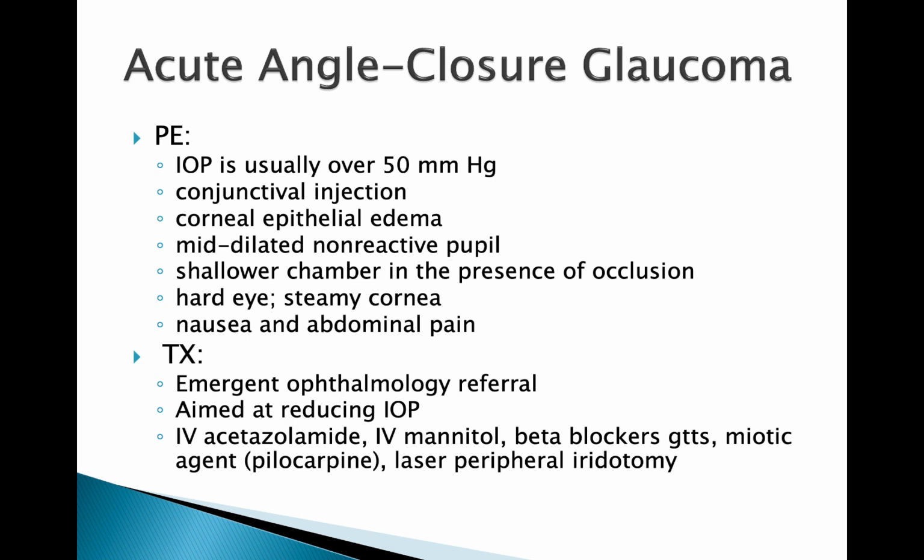And somebody has asked me previously, well, why do you want a miotic agent? Some people think, oh, you want to make sure that the opening for the fluid to get out between the lens and the iris is big, but actually what that does is that pulls that iris back even further, closing the opening.